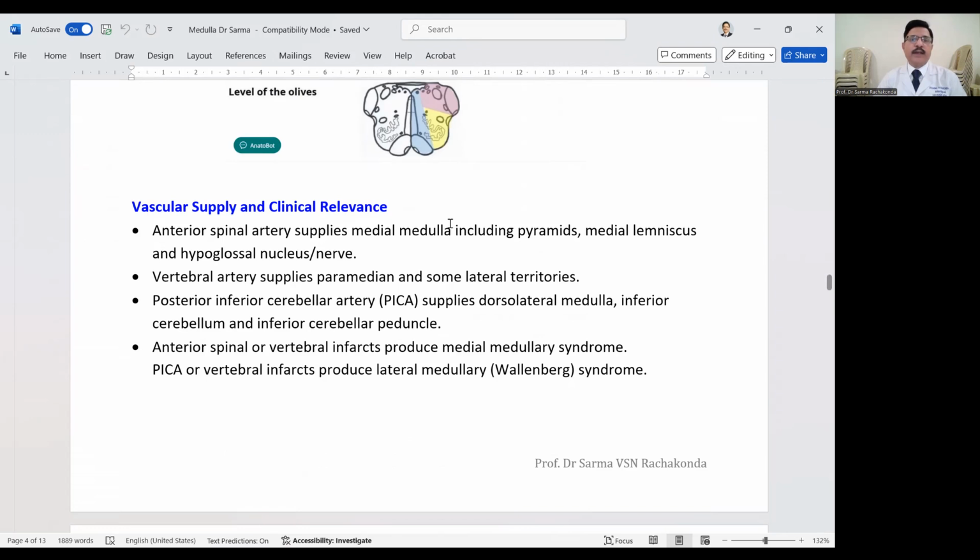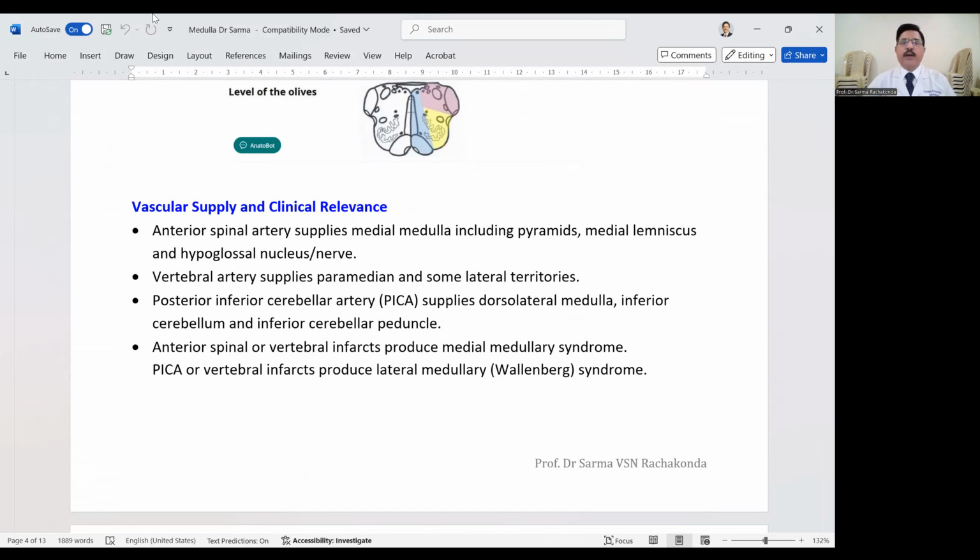Vascular supply and clinical relevance. Anterior spinal artery supplies the medial medulla, including the pyramids, medial lemniscus, and hypoglossal nerve. Then what will happen?